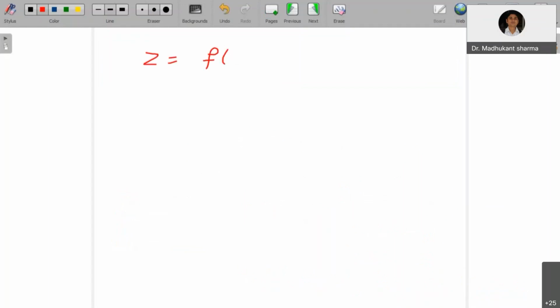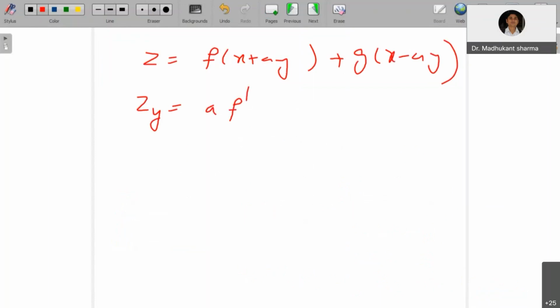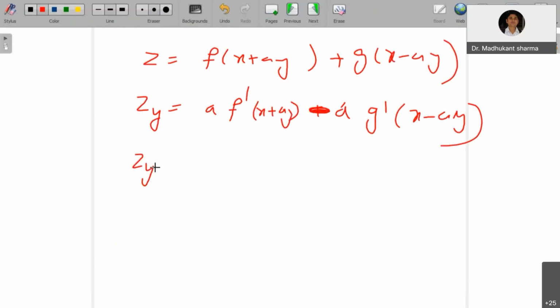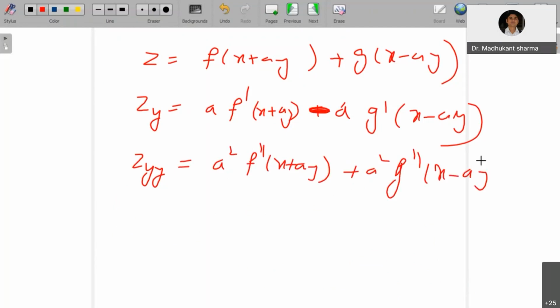Z equals f of x plus ay plus g of x minus ay. If you differentiate partially with respect to y, you have a times f dash plus minus a times g dash, of x plus ay and x minus ay. Differentiating again with respect to y, that's going to be a square f double dash of x plus ay, plus a square g double dash of x minus ay.